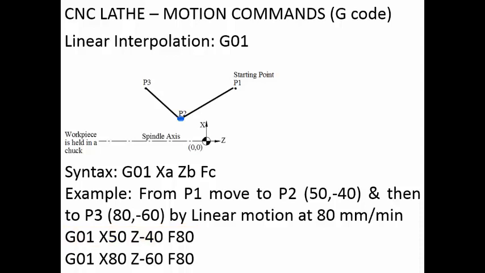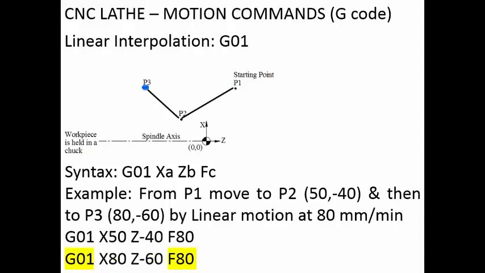Then the tool has to move from P2 to P3. So this is the motion that is required. So we will write G01, X80, Z minus 60 and F80. So here F80 is there in the second line because for both the motions the feed rate is 80 millimeter per minute. If it is different, then we can change it to any value that is required.